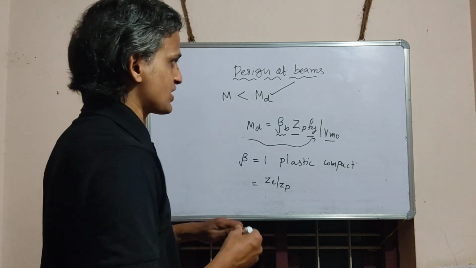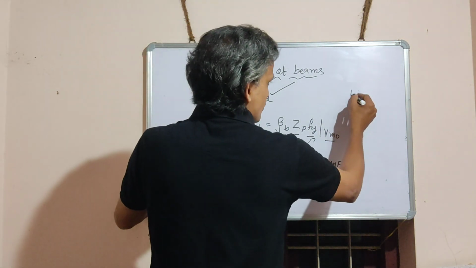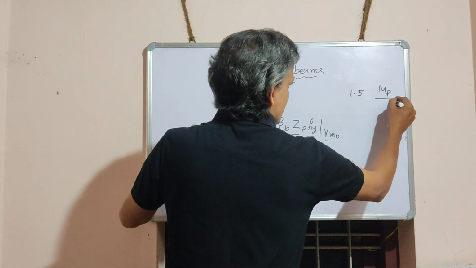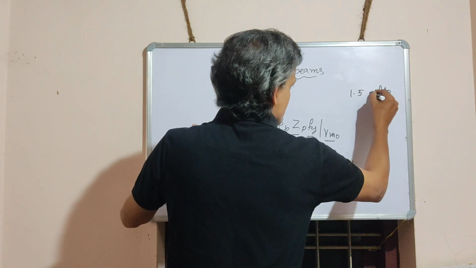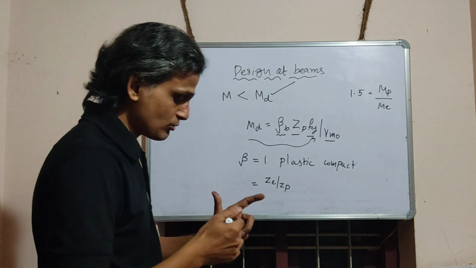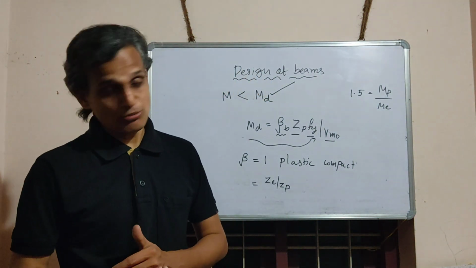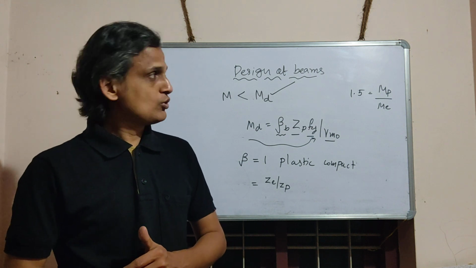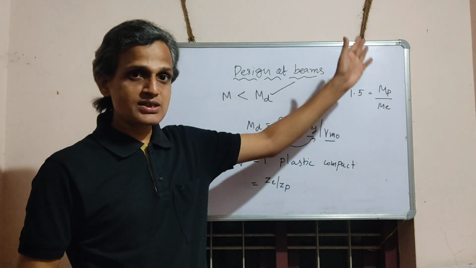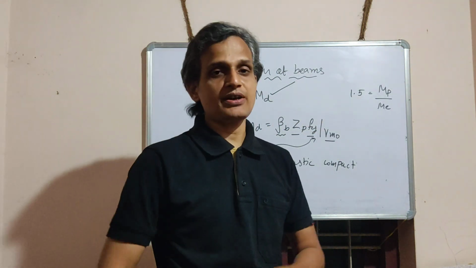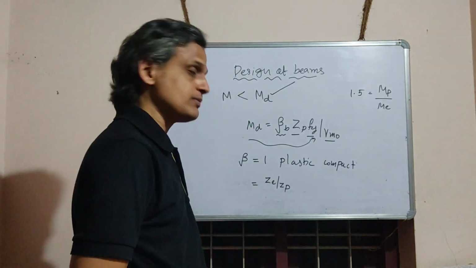For a rectangular section, that ratio MP divided by ME is 1.5, that is 50% more. Or in other words, ZP divided by ZE is called the shape factor. Okay, let it be there.